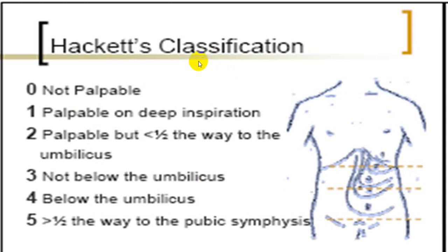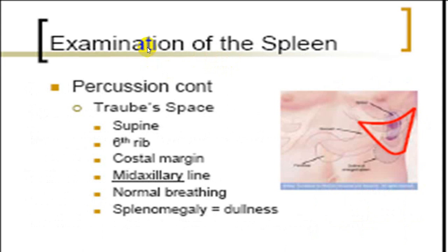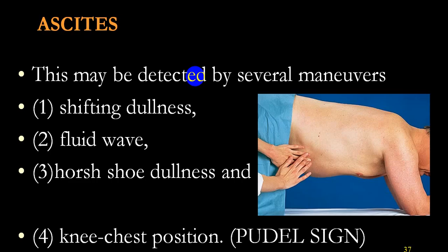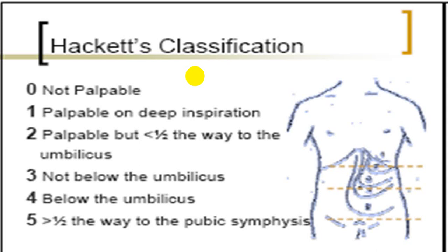Now, spleen enlargement. If it is a massive enlargement of the spleen, in India the most common cause is malaria, Kala Azar, chronic myeloid leukemia, myelodysplastic syndromes.